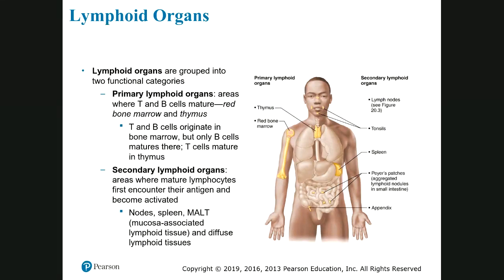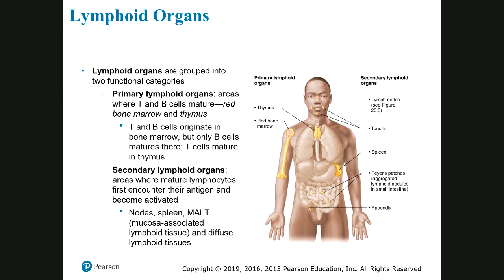Those are the areas where the T and B cells mature, like the red bone marrow and the thymus. The T and B cells originate in the bone marrow, but only B cells mature there. The T cells mature in the thymus.